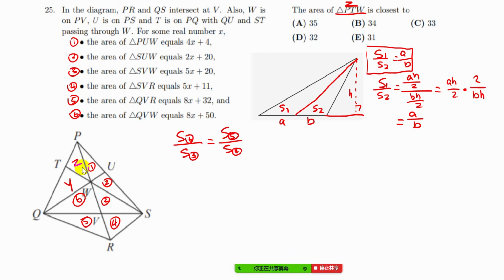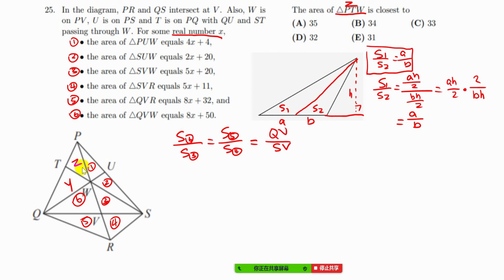So 6 and 3 over here could be with 5 and 4 because they both have the same sides for the base, which is QV and SV. And then we just put in the values of x for some real number x, and then put in these values and then solve for x.